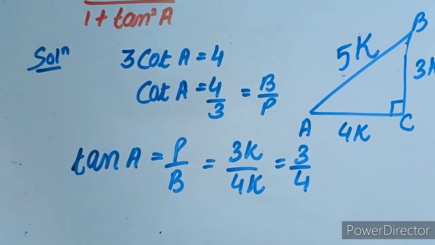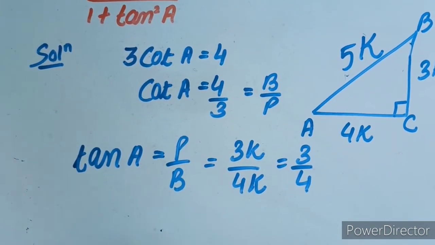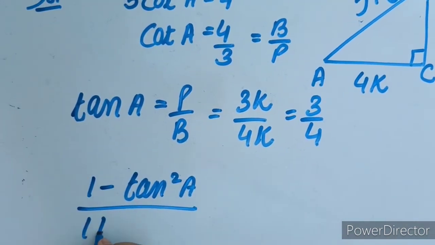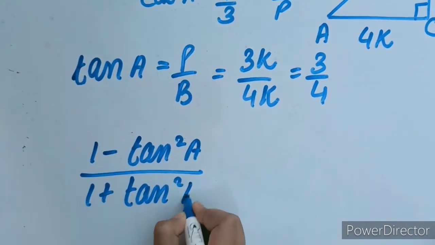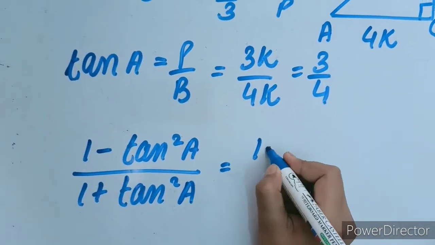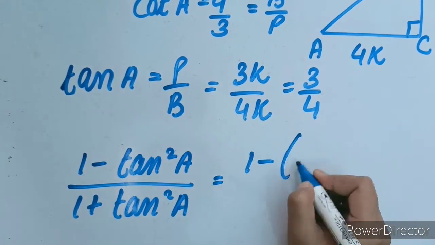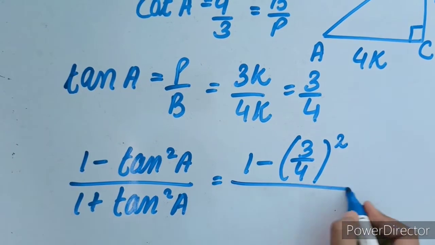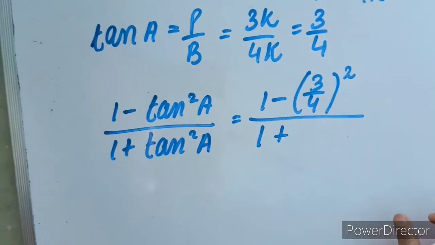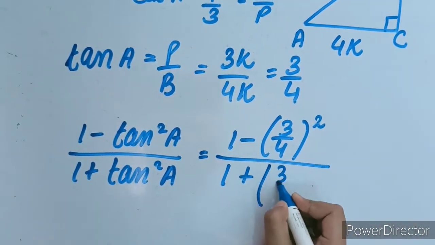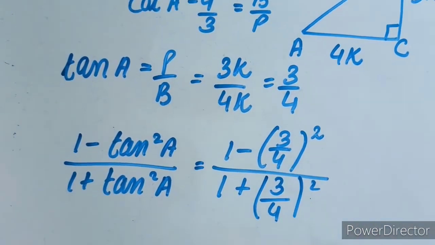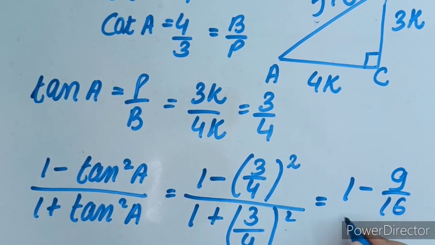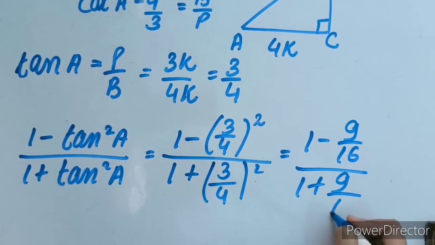Now we are going to substitute the values into the given equation, that is 1 minus tan square A upon 1 plus tan square A. Which is going to be equal to 1 minus, the value of tan A is 3 by 4, but here it is square, so we have to mention square here. Similarly 1 plus 3 by 4 whole square. Now 1 minus 9 upon 16, similarly 1 plus 9 upon 16.